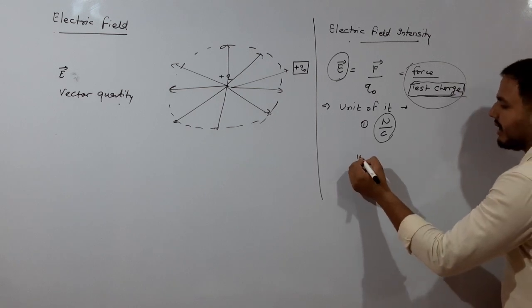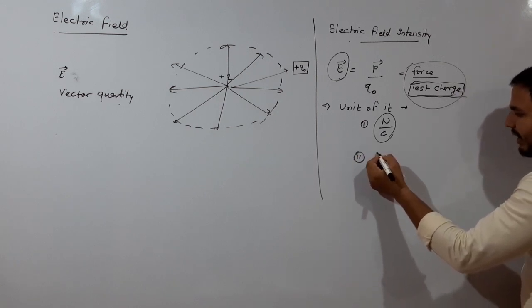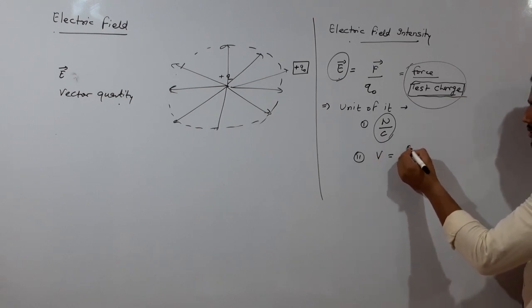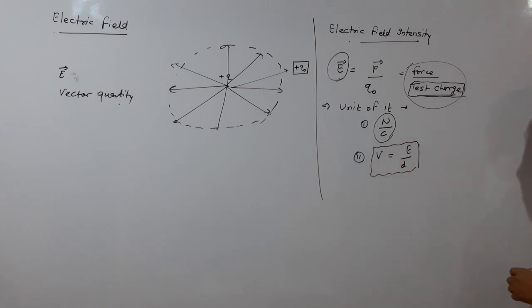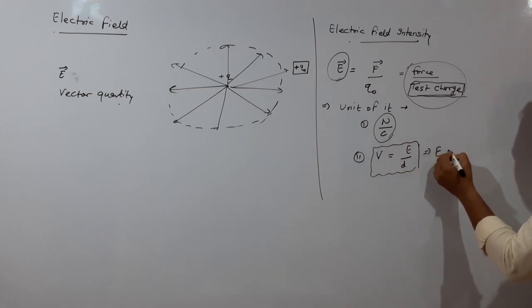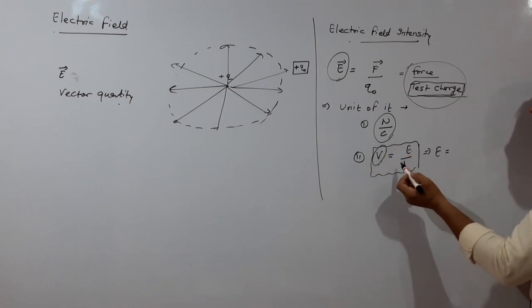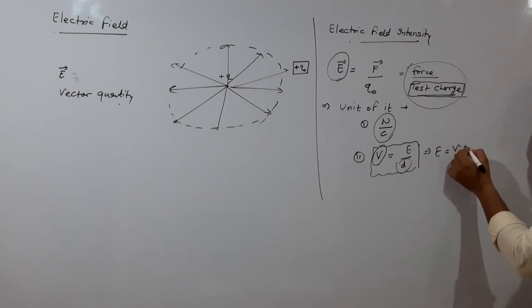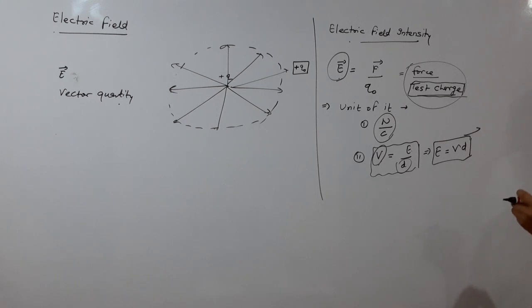In the third chapter, we will read the relation V is equal to E into d, where E is electric field or electric field intensity, V is potential, and d is distance. Then E is equal to V upon d. This is another formula for electric field intensity.